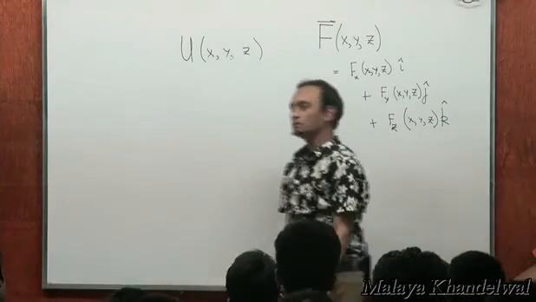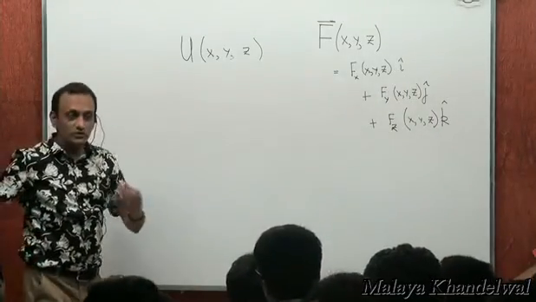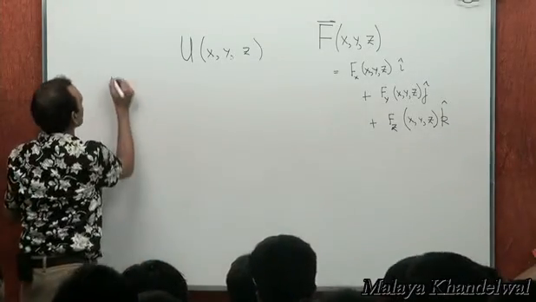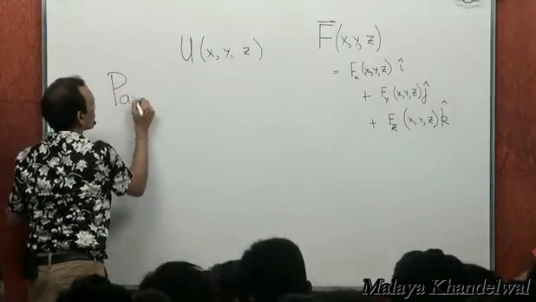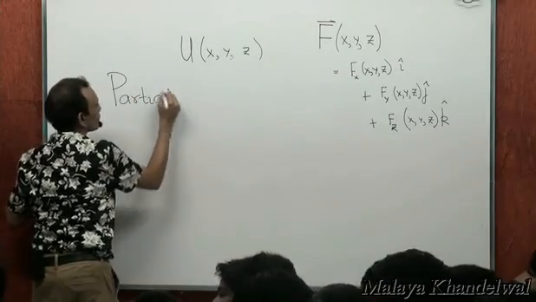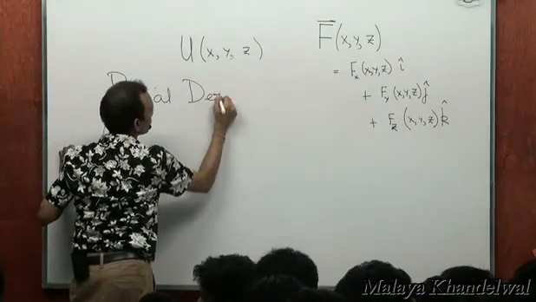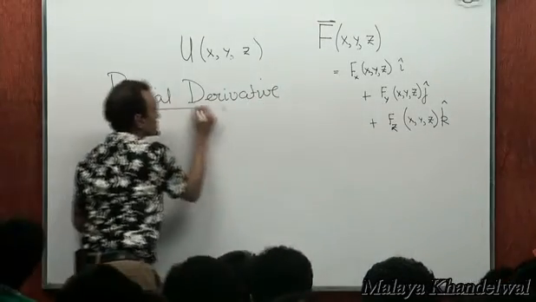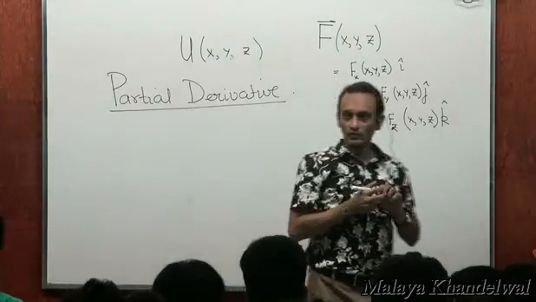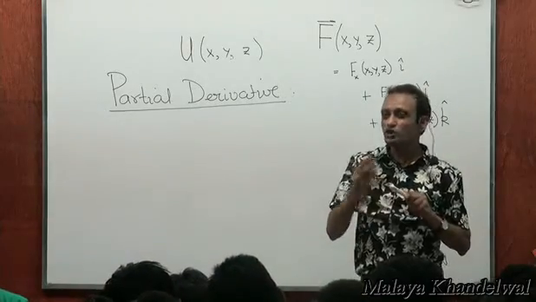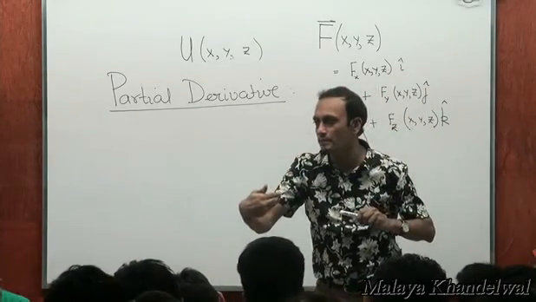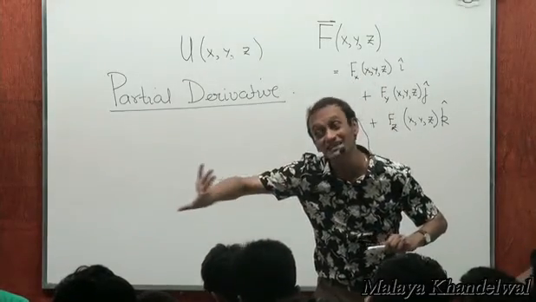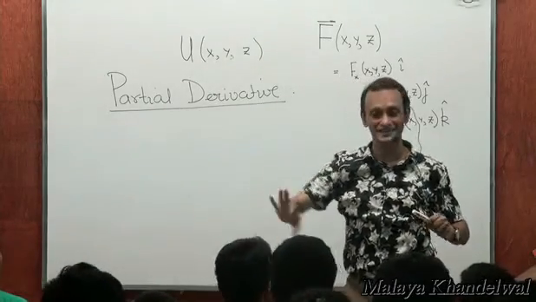Now, first of all, let me tell you what a partial derivative is. Just because I have put a disclaimer before I started this discussion doesn't mean you will get into a resigned state, forcing yourself to not understand this.